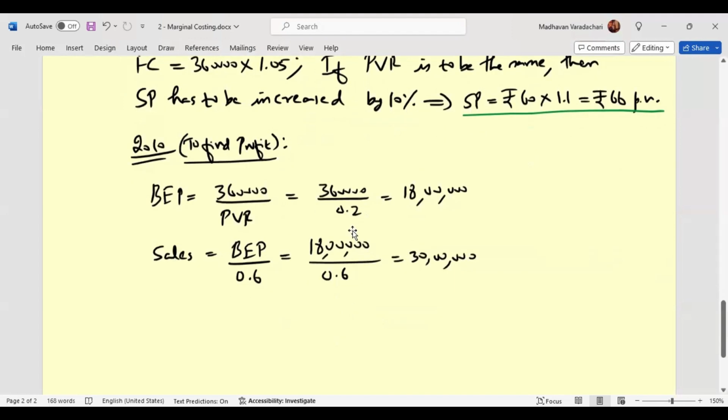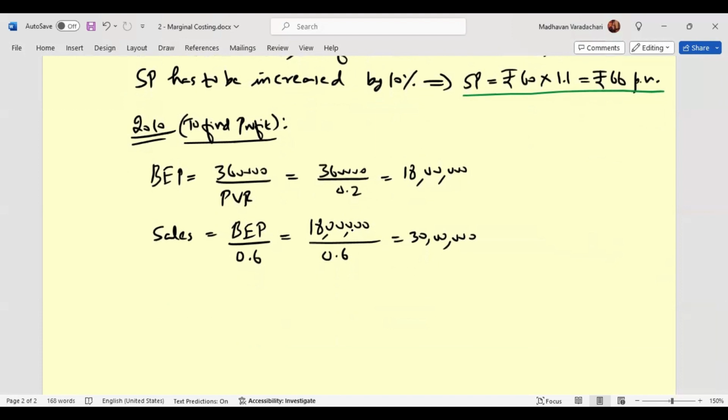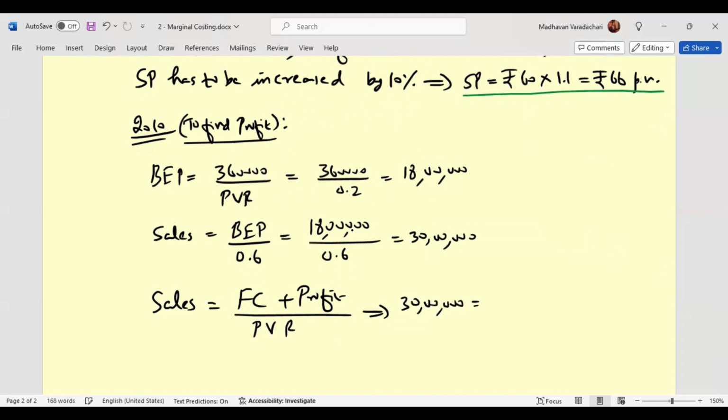Now we have another formula wherein we can find the profit, that is sales is equal to fixed cost plus profit divided by PV ratio. So 30 lakhs will be equated to 3,60,000 plus profit, divided by PV ratio 0.2.